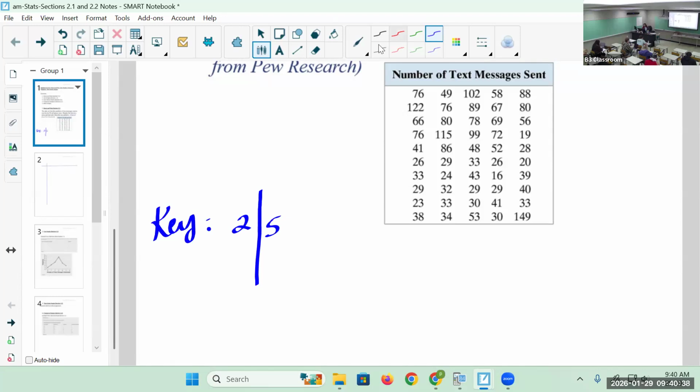This is called the stem, and this is called the leaf. It is equal to just an entry of 25. So it looks like we're using the first digit as the stem, and the second digit as the leaf.